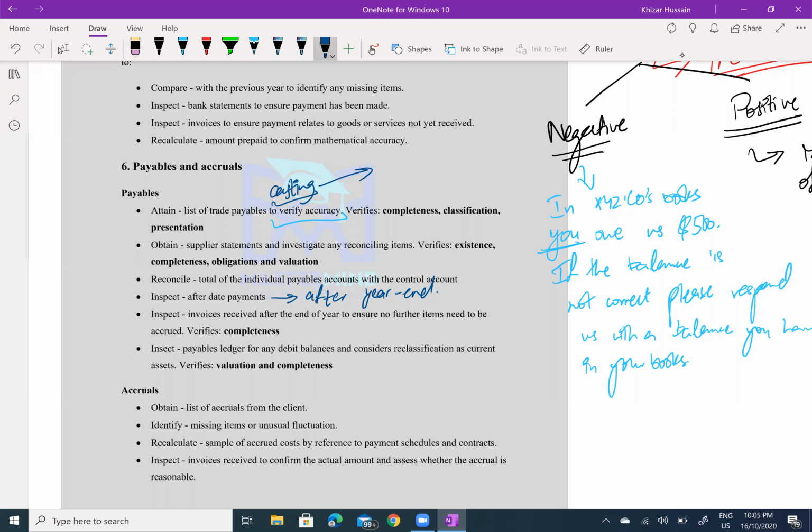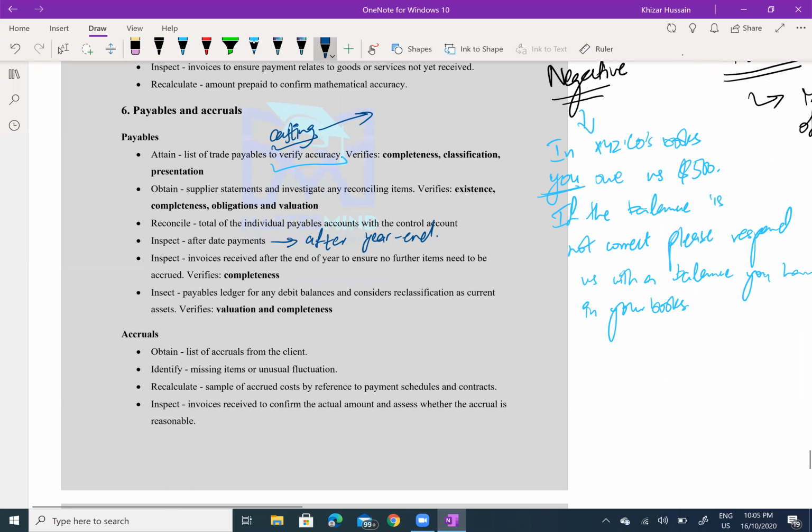Okay. Inspect invoices received after the end of the year to ensure no further items need to be accrued. This happens sometimes: a supplier might send you a late invoice, whereas the goods have been received earlier.